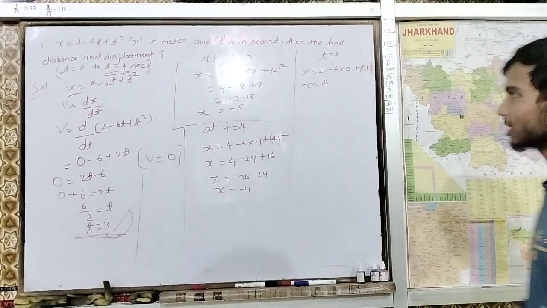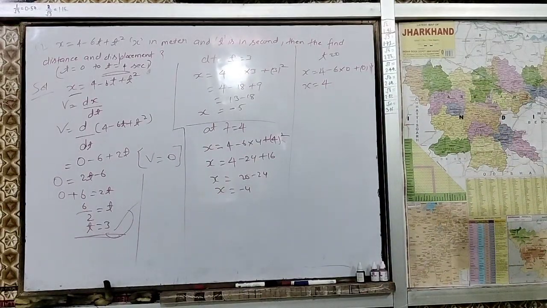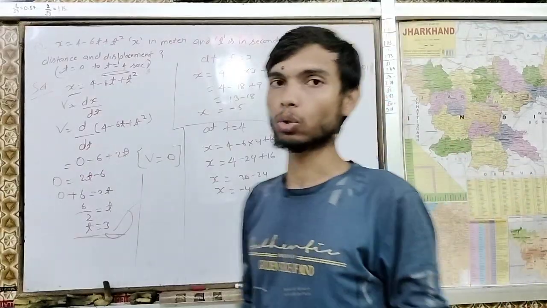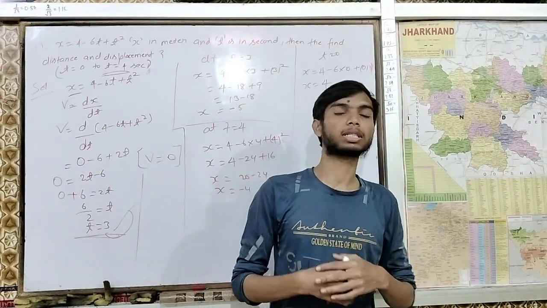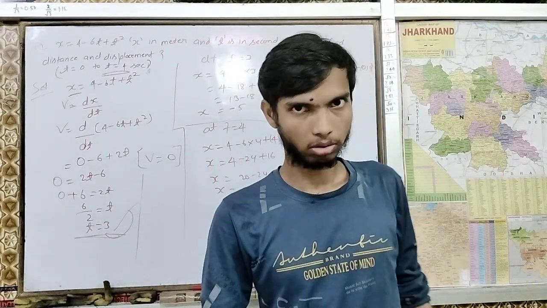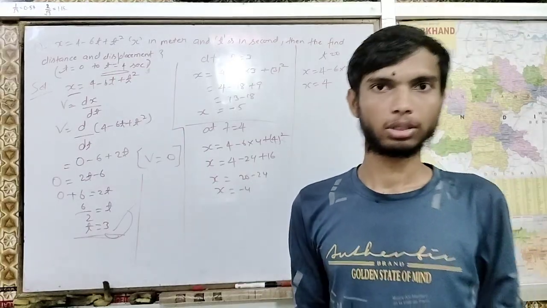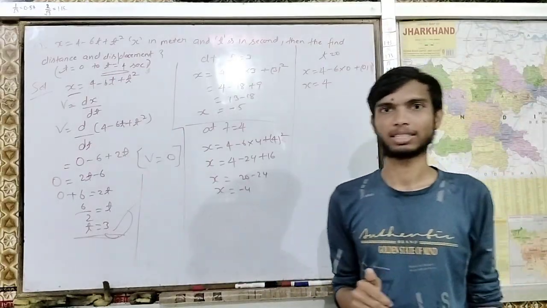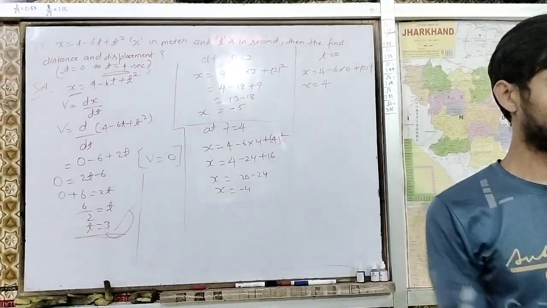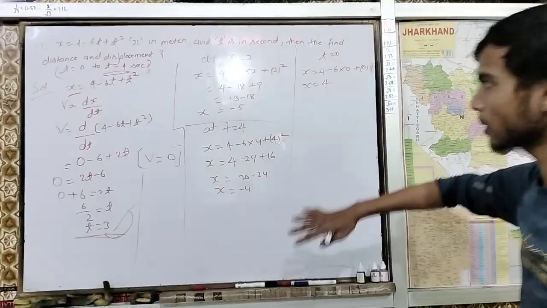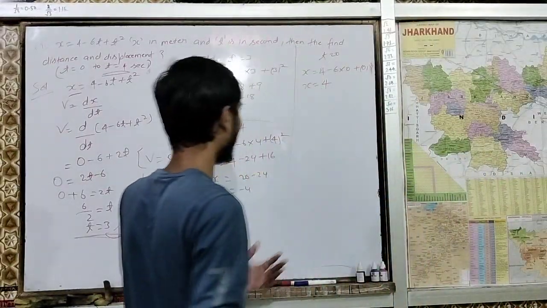X is equal to 4. Try to understand this. If the time is 0, it means the position of the object is at 4. Everything we have said, now let's visualize this answer.